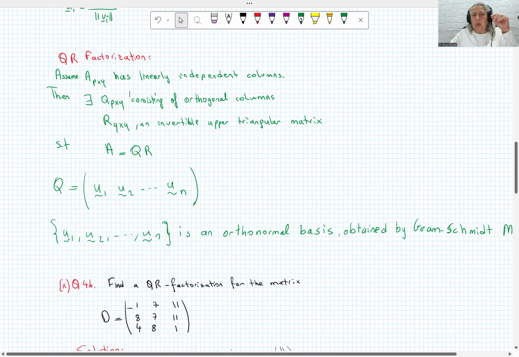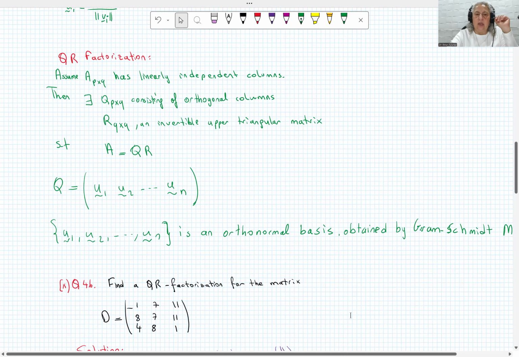Now we want Q to be an orthogonal matrix, so you must have orthonormal basis vectors in the columns. I keep this note in general form, but when we are doing it, we would like to have orthonormal bases in Q, and R will be the upper triangular matrix. This orthonormal basis we will obtain by using Gram-Schmidt.